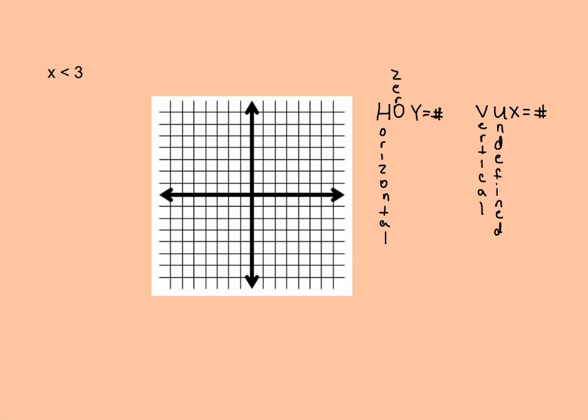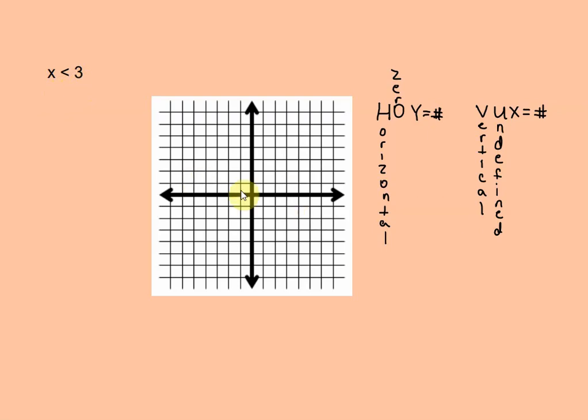Because we know that, we can graph these inequalities using the same method. This is x is less than 3, so it's the same as if we were graphing x equals 3, which tells us it's going to be a vertical line. So we're going to draw a vertical line through our x-axis at 3.